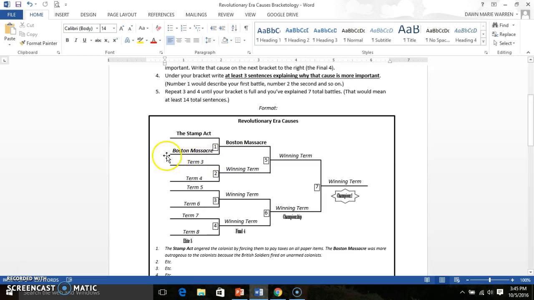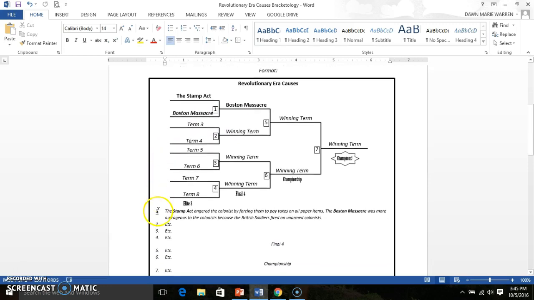Now here's where the next part comes in. Underneath your bracket, see, this is bracket 1, team 1 against team 2. You're going to explain using history and social studies words, facts from your notes, facts from your book, telling me why one is more important than the other. So here's my sample sentence. The Stamp Act angered the colonists by forcing them to pay taxes on all paper items.